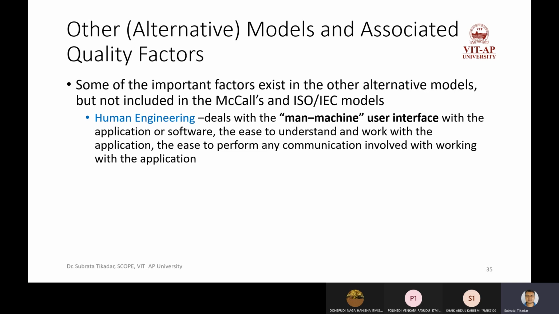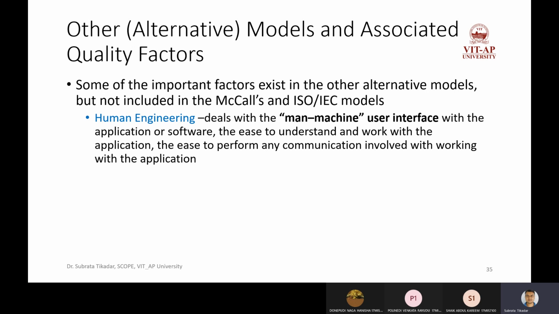So this human engineering, they named it as human engineering. After that, they termed it man-machine user interfaces. Nowadays, it is termed as human-computer interaction. So in human-computer interaction, you will get all this state-of-the-art definition of usability, effectiveness, and their factors like effectiveness, efficiency, learnability, then memorability, then satisfaction.